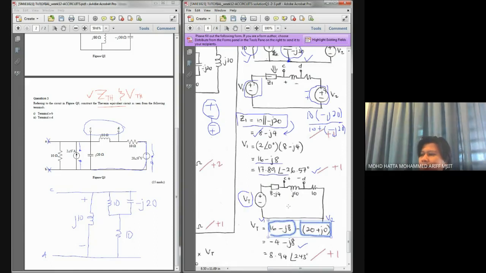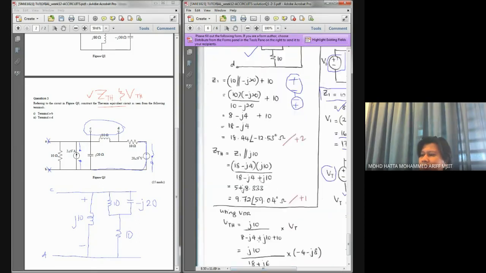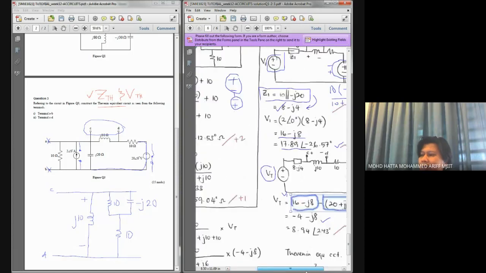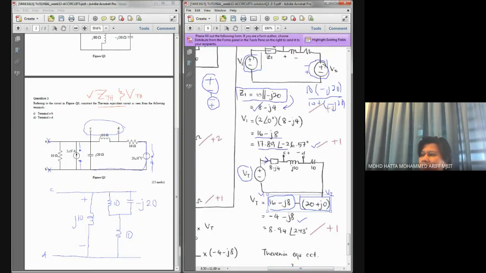All right, since we simplified our circuit and combined the voltages to be represented in one value, using this circuit there are two ways to calculate the voltage across here. One is by using the voltage divider rule. The other one is by finding the current over here, and later on multiplying it with j10.